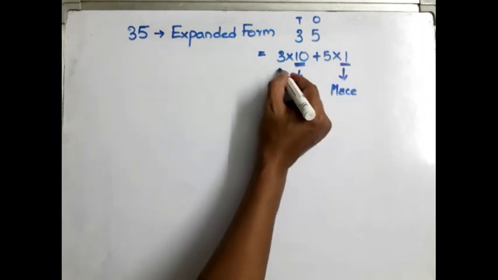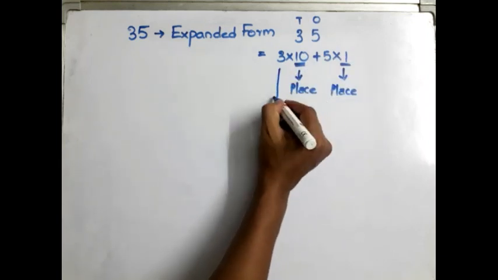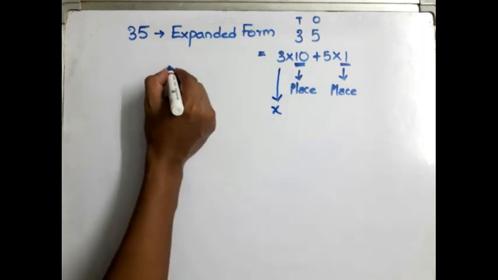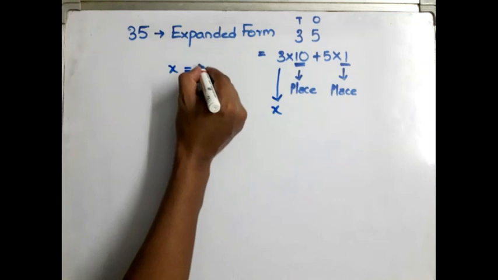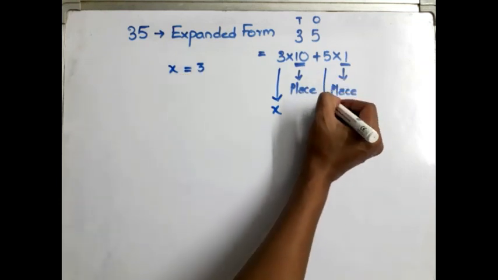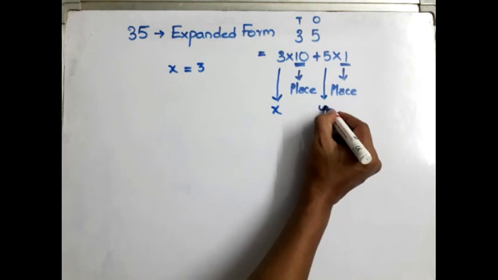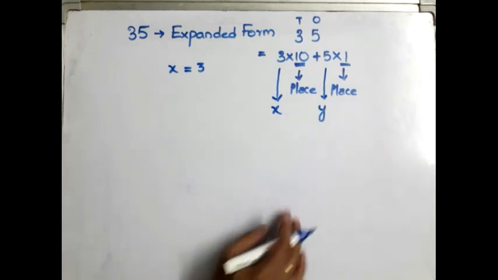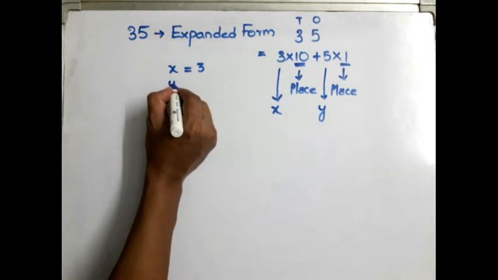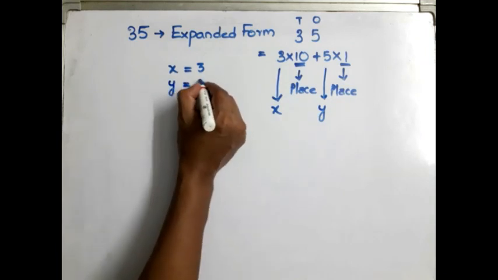Now look. If I just assume the value of 3 as x, that means I am taking x is equal to 3, and similarly the value of y, I want to assume it as y. That means 5 is going to be the value for y. y is equal to 5.